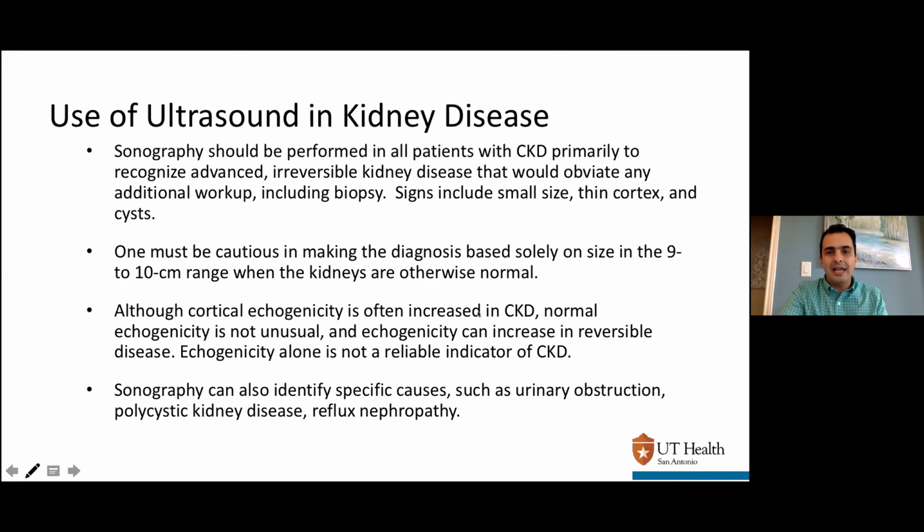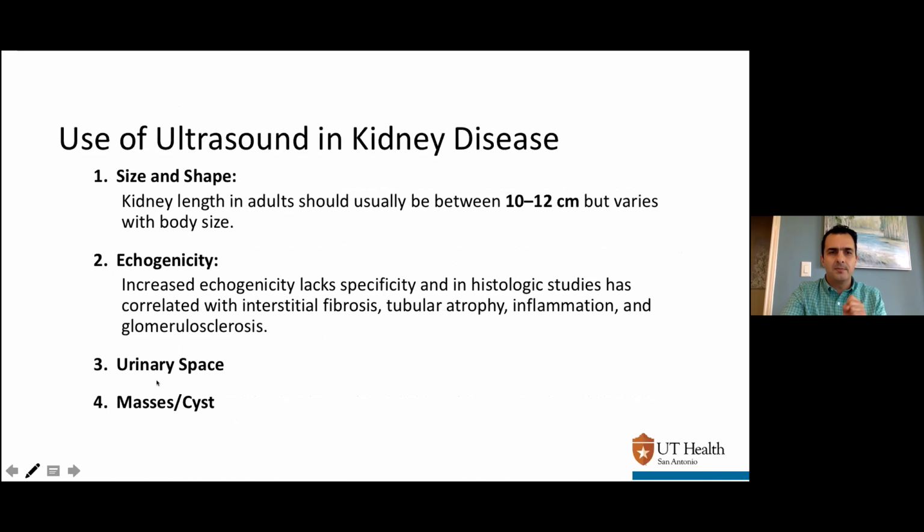You can take a look at echogenicity. Of course, you can assess if there's hydronephrosis or obstruction. But mainly, it's useful for me to look at cysts and the size of the kidney. So size and shape: kidney length in adults should be around 10 to 12 centimeters, but it varies.